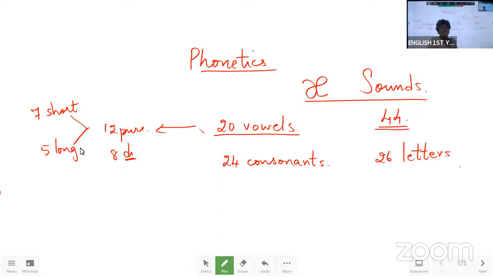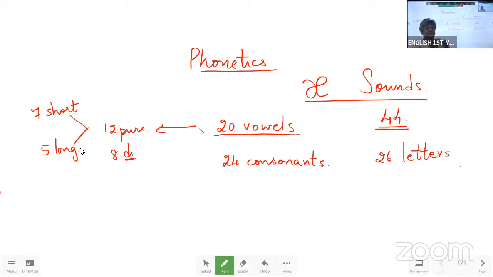In school, you must have taken Hindi or Telugu. If you have taken Hindi or Telugu, you will realize that there are long and short sounds in Hindi and Telugu. In English, we don't have the long and the short, but in phonetics, you again have the long and the short.